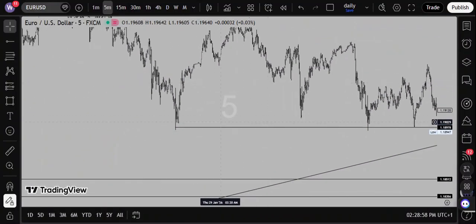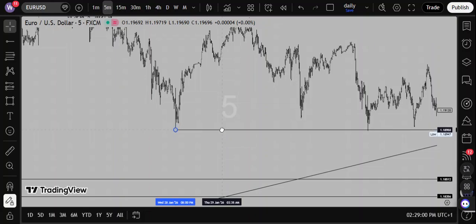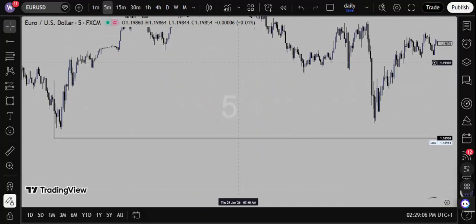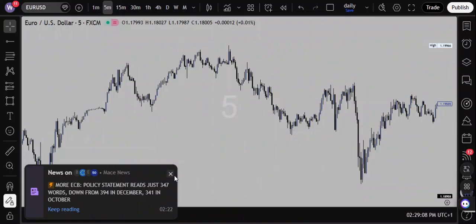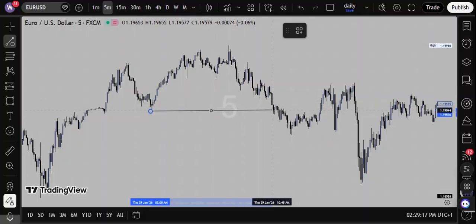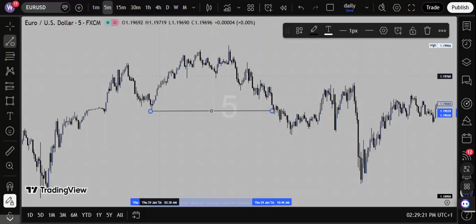All those liquidity price levels that I drew in the previous chart is what we can see here clearly. And look at this. There's also liquidity resting at this point. So people call it change of market structure, but it's also liquidity.